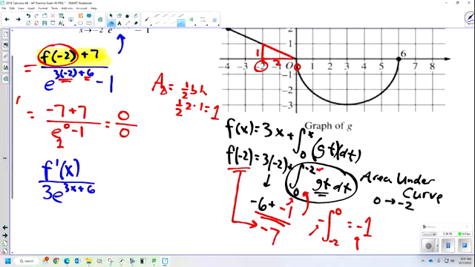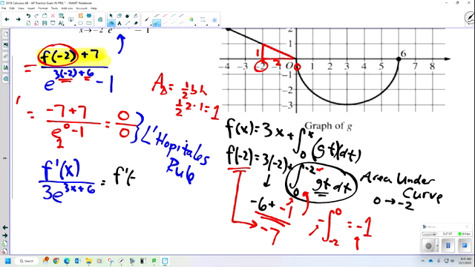Again, this is called L'Hopital's rule, whenever you get a 0 over 0. Now I can try throwing the -2 in again. The derivative of f at -2 over 3 times e to 3 times -2 plus 6.